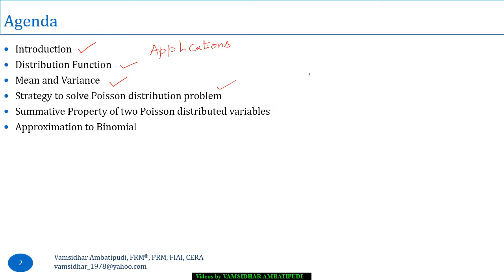And then I talk about two different Poisson distributed variables, x and y. If I want to find out the distribution of x plus y, where x is a separate Poisson distribution and y is a separate Poisson distribution, how do I really build it in the form of a Poisson distribution?